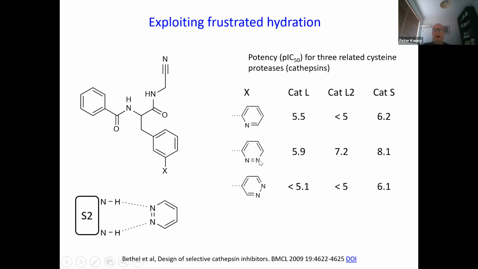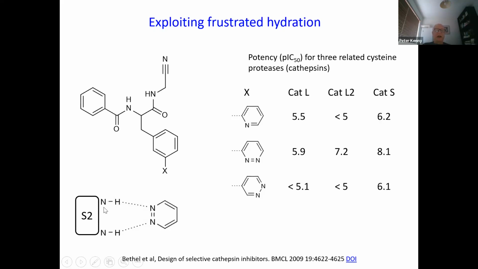When you put a nitrogen next to here, it doesn't have a huge effect on cathepsin L. This is unfortunate because this is our primary target. But it actually works pretty well for cat L2. This is very bad because this is not just a selectivity problem. This is a known anti-target, so you definitely don't want to hit this. And it works wonderfully for cathepsin S as well. So for cathepsin S, this would be quite a useful tactic.